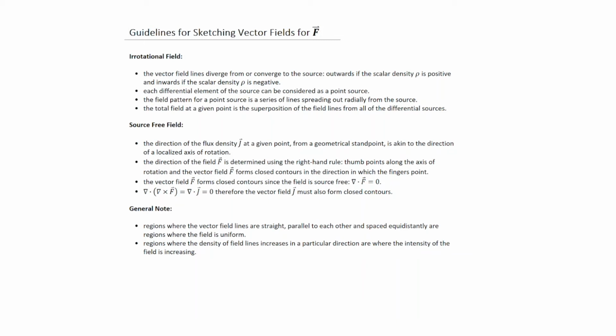For an irrotational field, the vector field lines diverge from or converge to the source, outwards if the scalar density rho is positive, and inwards if the scalar density rho is negative. Each differential element of the source can be considered as a point source.